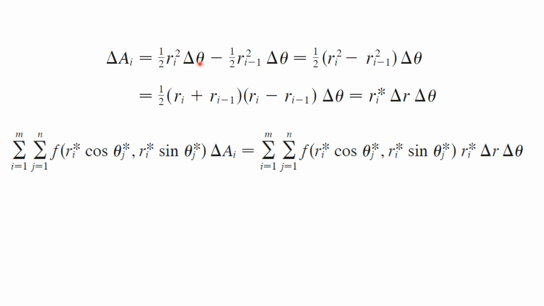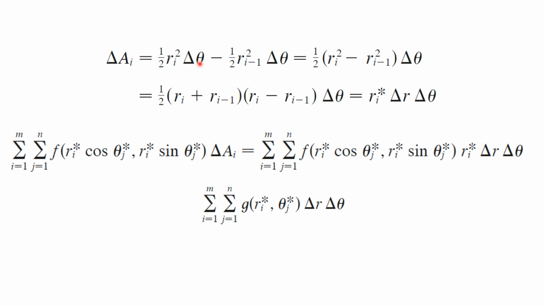So in this case, if we are going to write g of r theta, which is equal to r f of r cosine theta, r sine theta, then we could have the equation in the Riemann sum written like this, because we are just going to substitute.